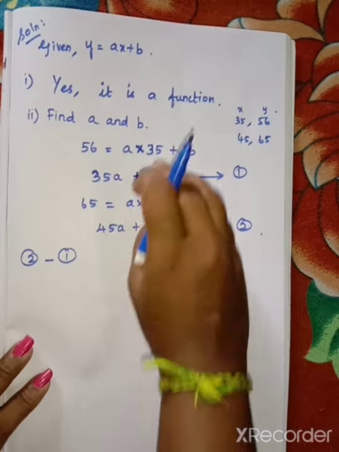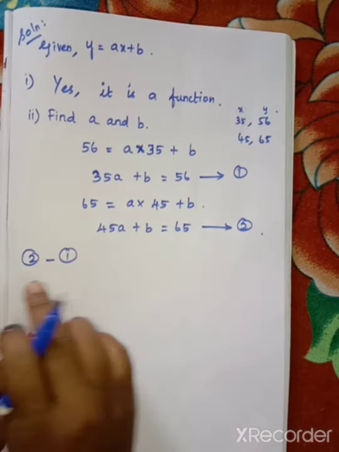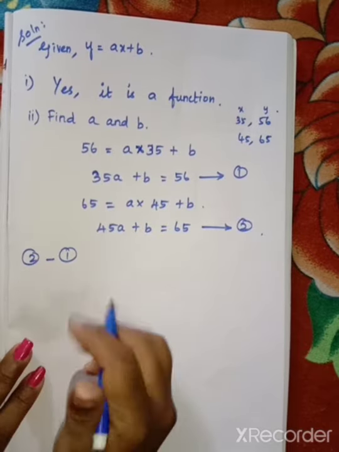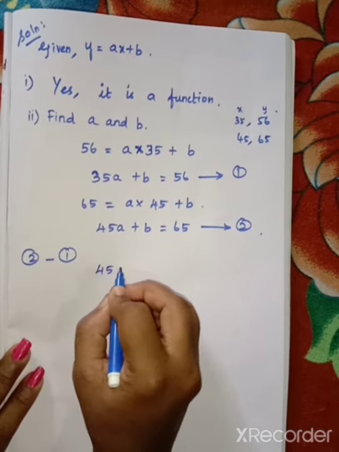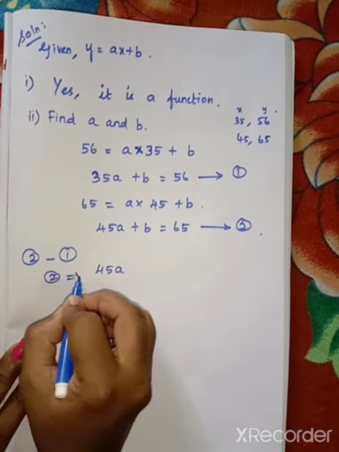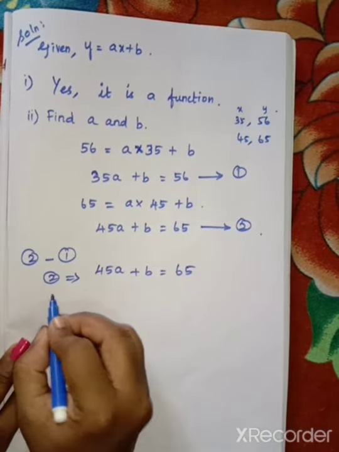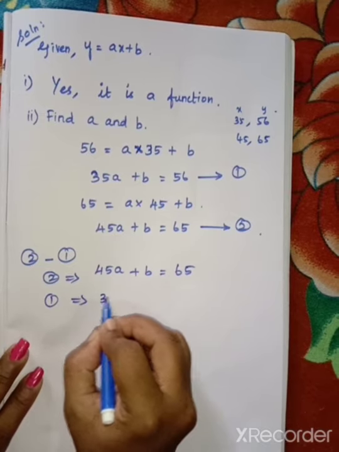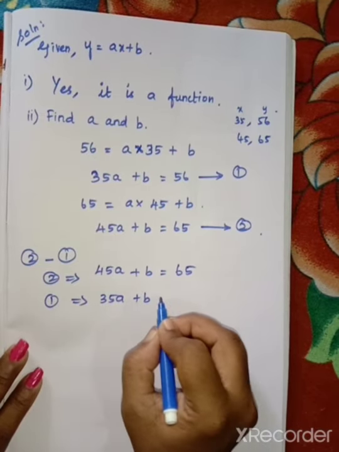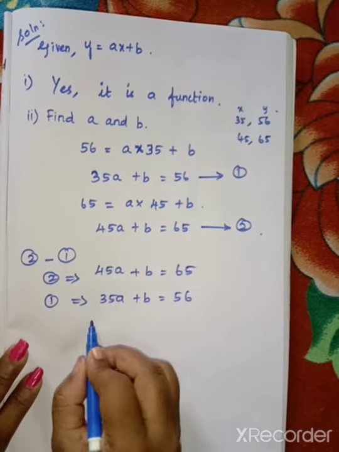Both values, if you consider, this is the bigger, so I have chosen the second equation first. So 45a, this is the second equation, plus b equal to 65. Then the first equation is 35a plus b equal to 56.